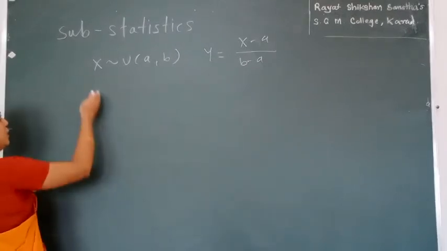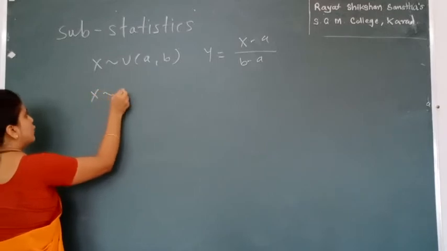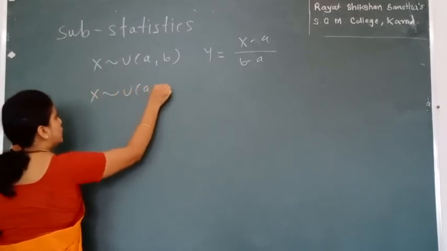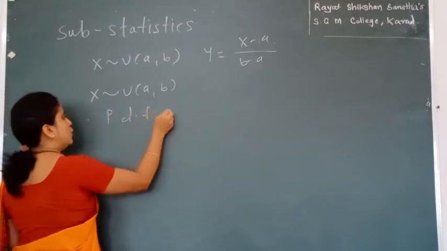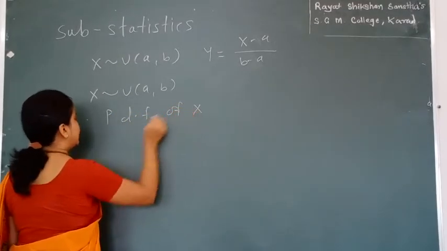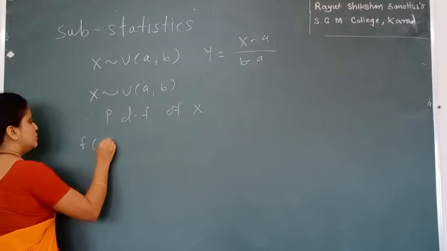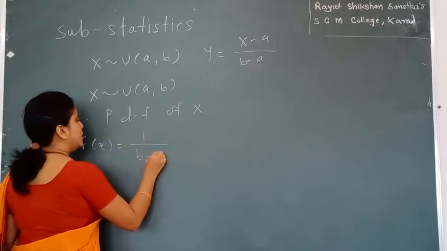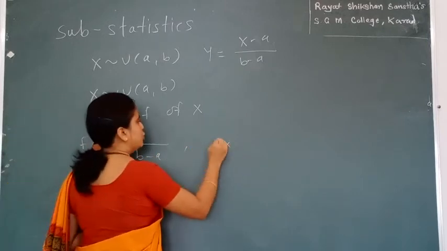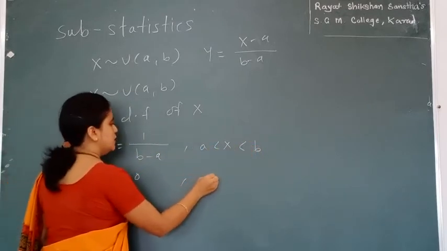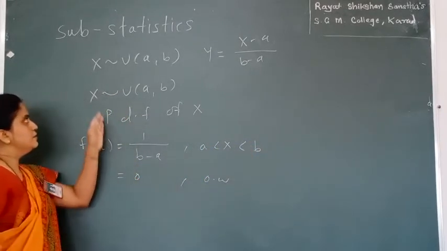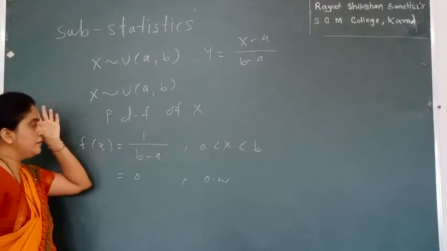So first of all we are given that x follows uniform distribution over a to b. That means we know that the PDF or probability density function of x is f(x), which is equal to 1 divided by (b minus a) for the range of x from a to b, and equal to 0 otherwise. This is given in the problem.